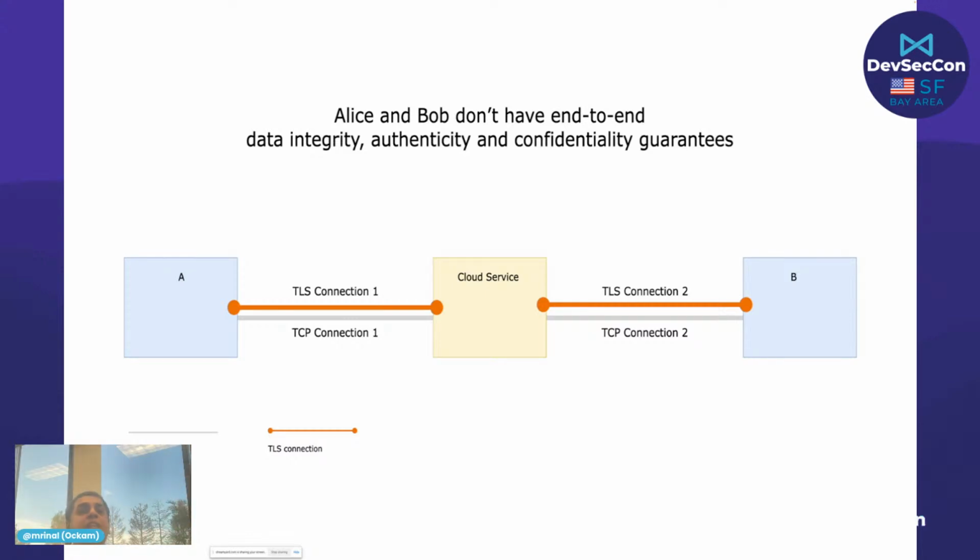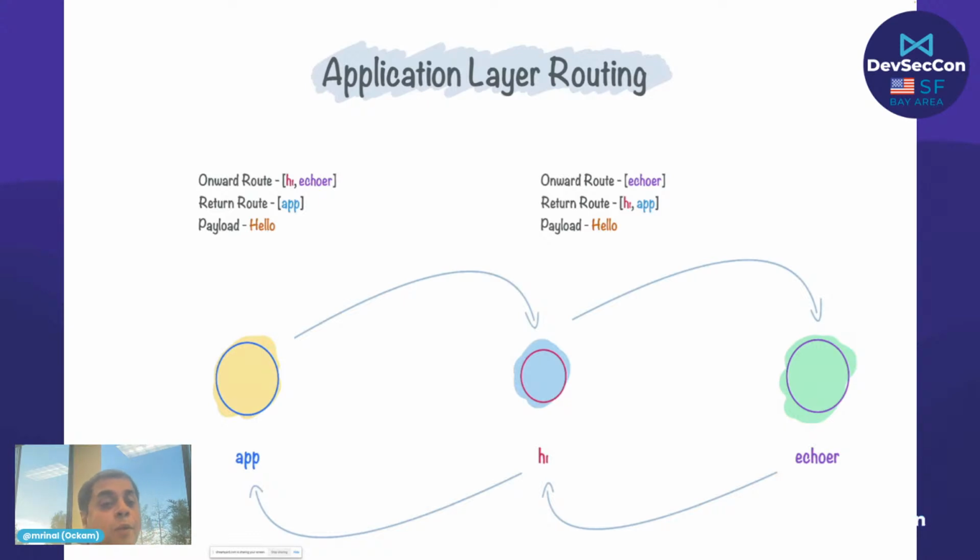So the safety guarantees of TLS are only as long as the underlying TCP connection. Well, we want end-to-end encryption. We don't want the connection guarantees of data integrity and authenticity to terminate in the middle. So to do that, we built a tiny little routing protocol.